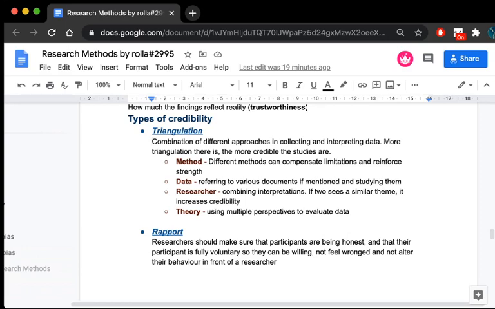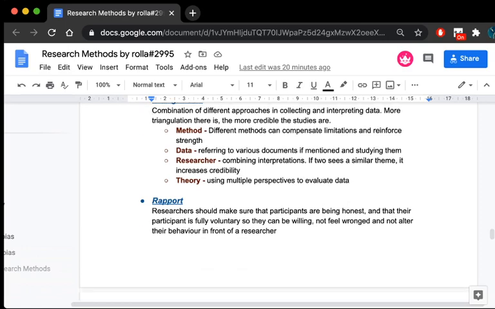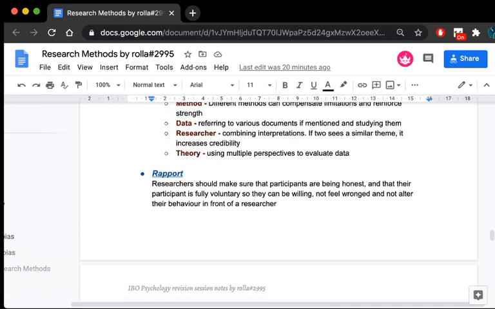So different methods, like a combination of quantitative and qualitative methods. Data is using different documents to study them. So let's say if you're interviewing someone with a mental illness, then other than looking at their interview, you can also look at their medical history, maybe their relationships with their friends, their parents, and etc. And then researcher is basically combining different interpretations from different researchers.